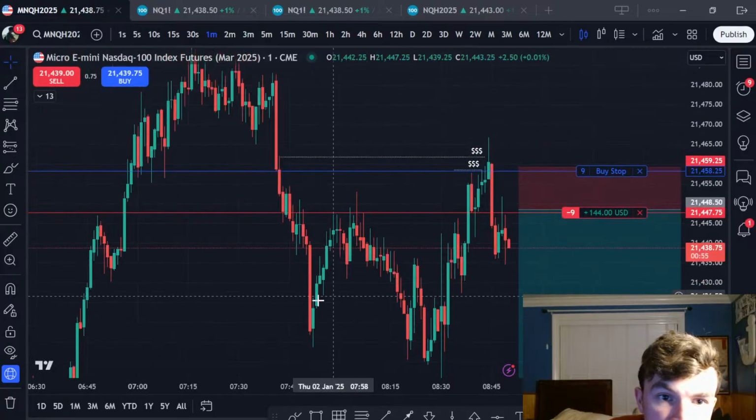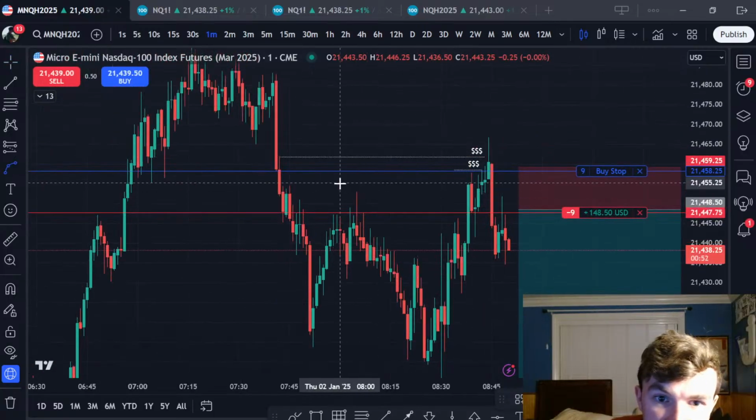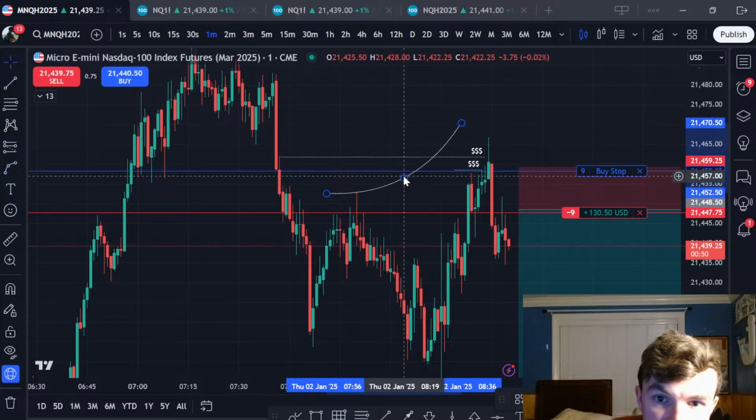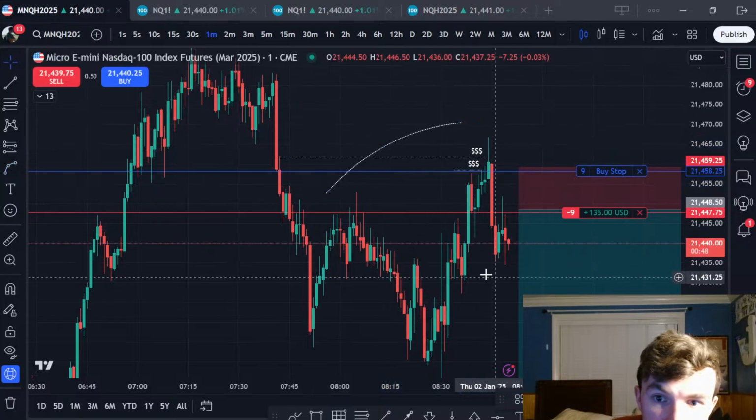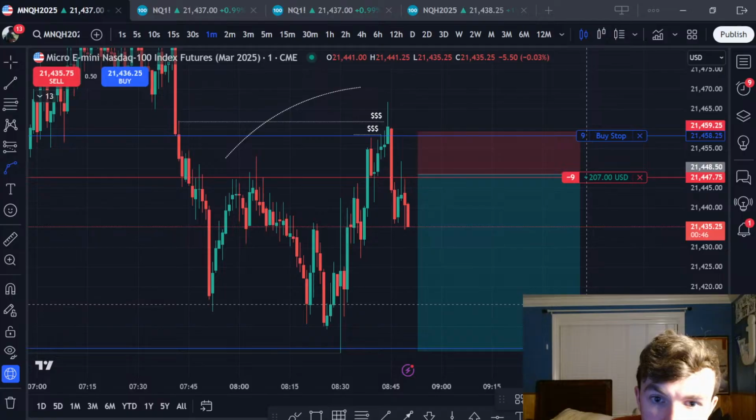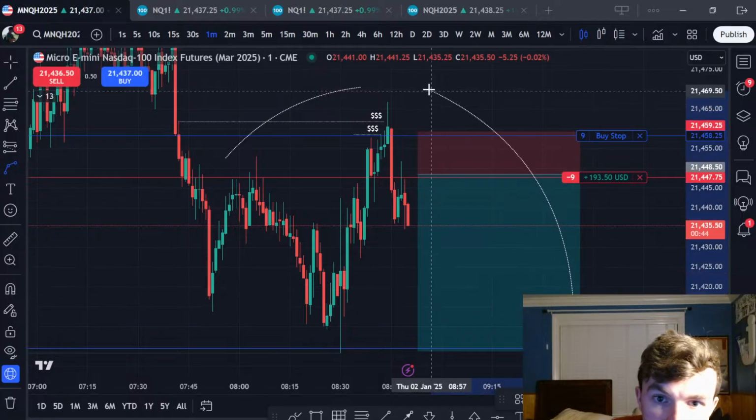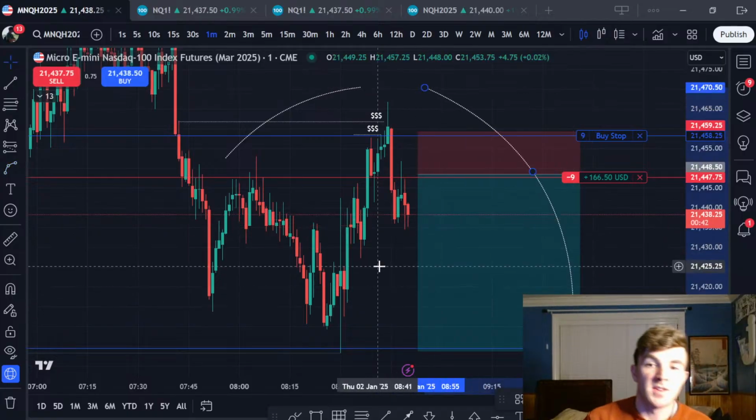But I like this as a one setup for life. I guess it's not even really a one setup for life because it's a breaker trade, but still, it's a breaker block one setup for life.